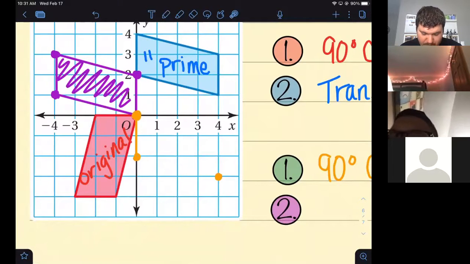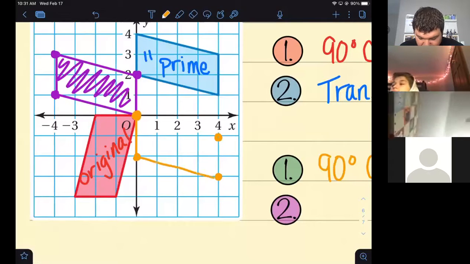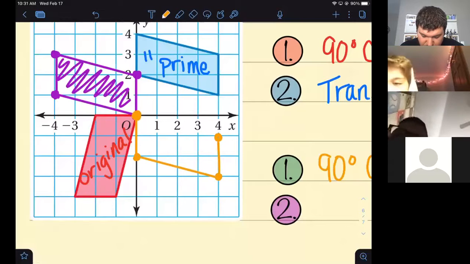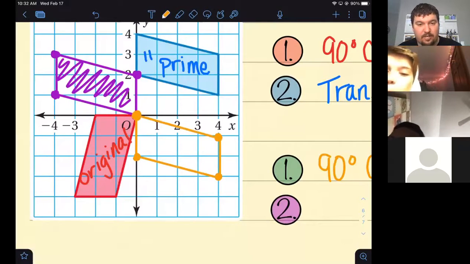Instead of going 1 unit left and 4 down, I'm going to go 1 unit down and 4 right, which you could figure out on your own because it has to be a parallelogram. So if I rotate it 90 degrees counterclockwise, it still fits that description because it's a parallelogram, right? If it was a triangle, this wouldn't work at all.